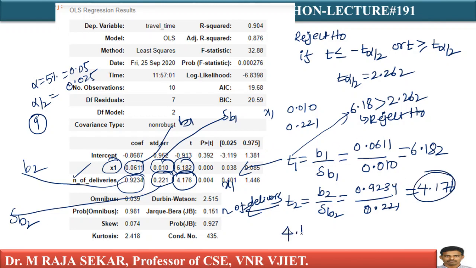This 4.176 is greater than your t alpha by 2, 2.262. In the case of the second variable, that is number of deliveries, I must also reject H naught, that is beta 2 is not equal to 0, isn't it? There is a relation between the dependent variable and number of deliveries. Even there is a relation between the dependent variable y and x1.